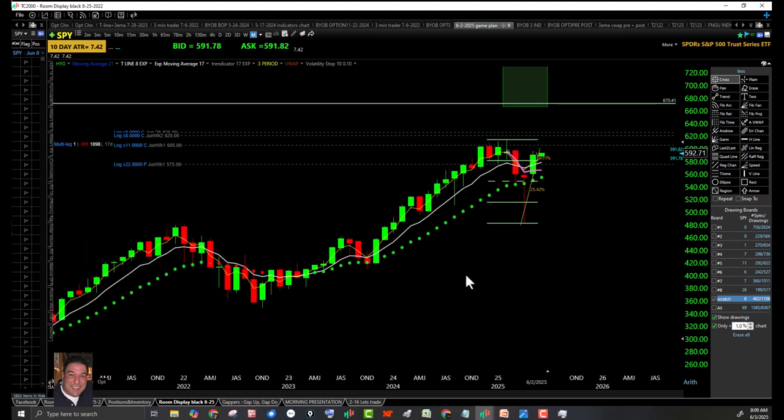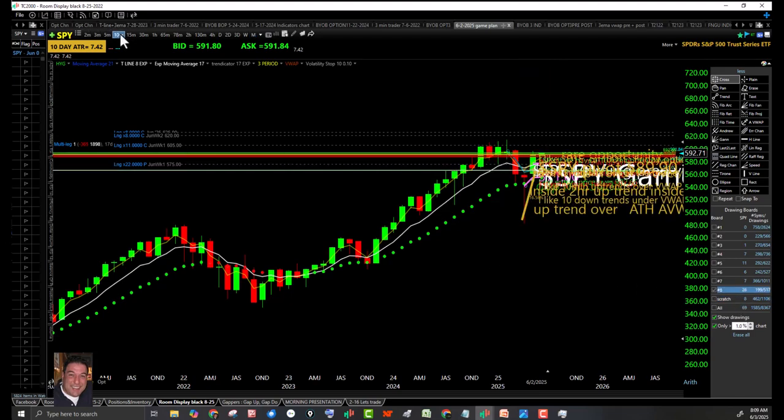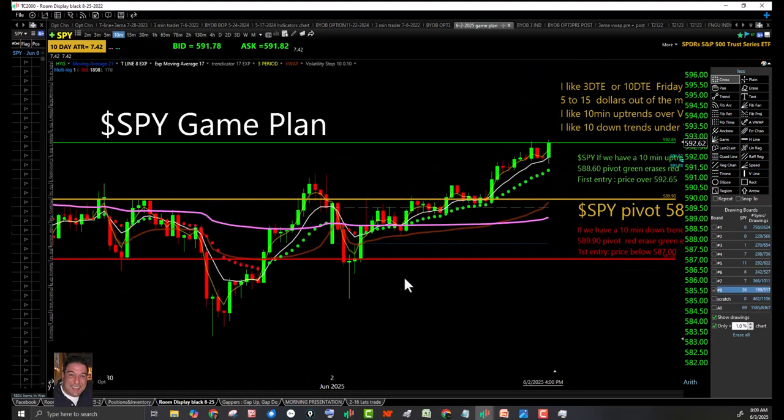Now, the setups that I like today, and I have liked probably in the past 3 or 4 weeks, are these 10-minute uptrends over VWAP. Now you can see we had a 10-minute uptrend over VWAP right here. That was what we traded yesterday.